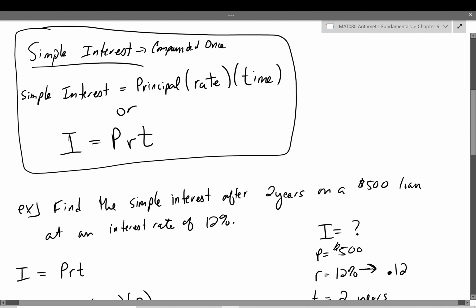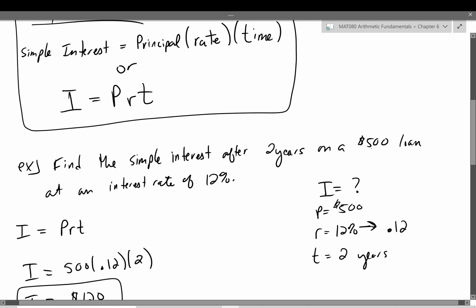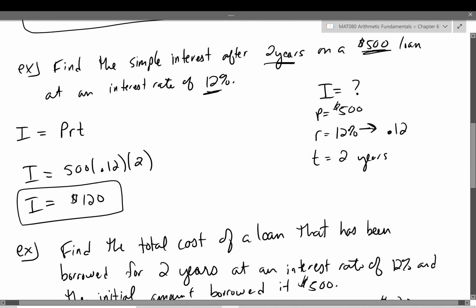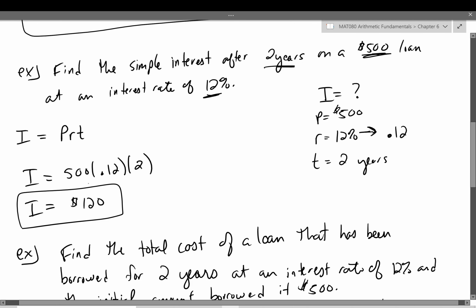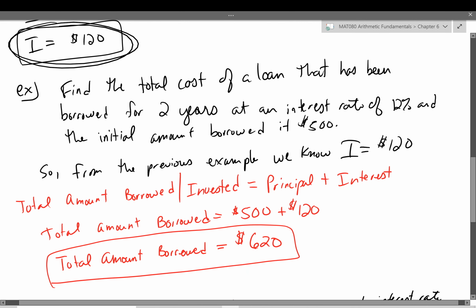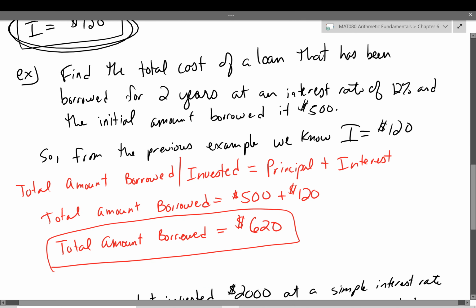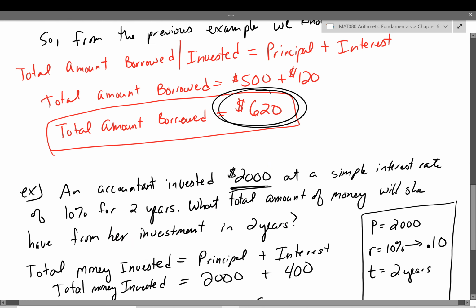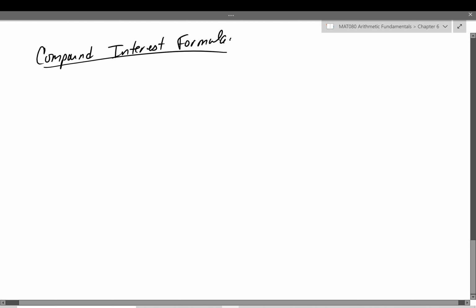Which means if you take out a $500 loan, 12% for 2 years, you're going to owe $120 in interest, which we found right here. And then the total money you're going to owe at the end of that is going to be $620. That doesn't change, okay? With compound interest, I'm going to compound the interest on the principal multiple times per year, okay?